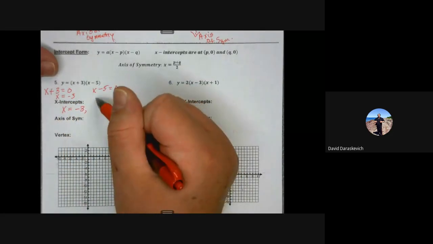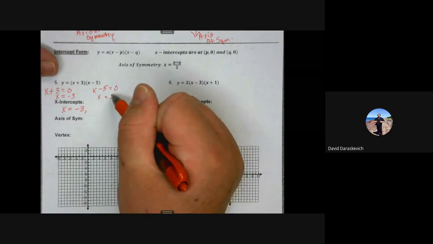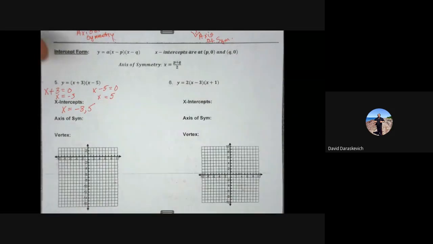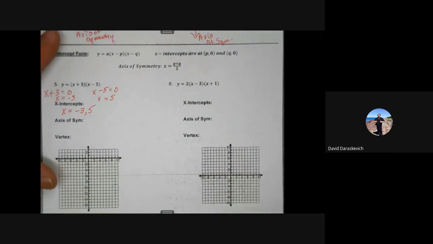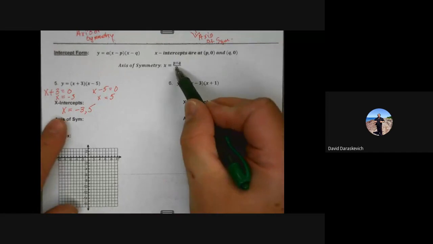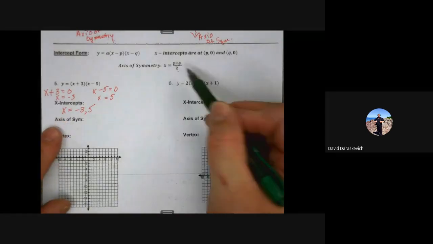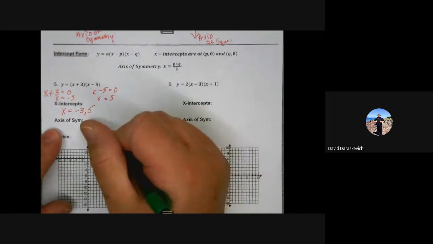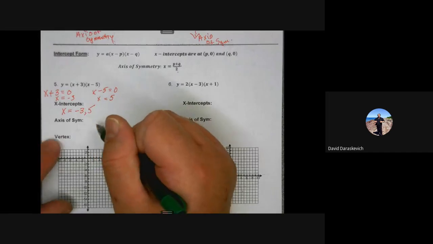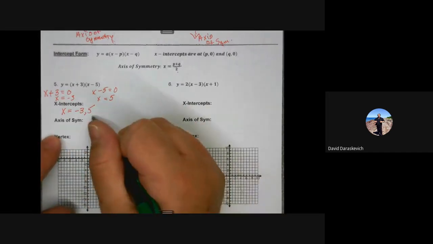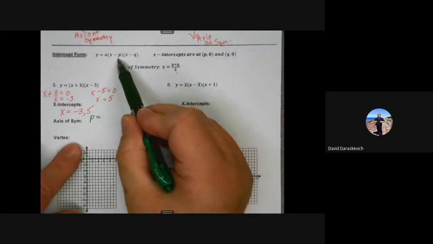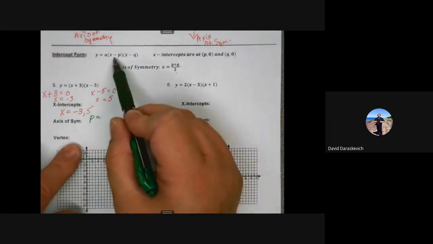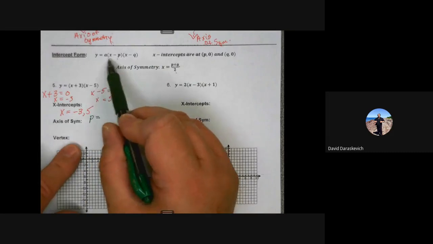And x equals 5. Axis of symmetry. Now, if we go back, it is p plus q over 2. So my p is going to equal, now it's got to be a minus, so it's the opposite sign.